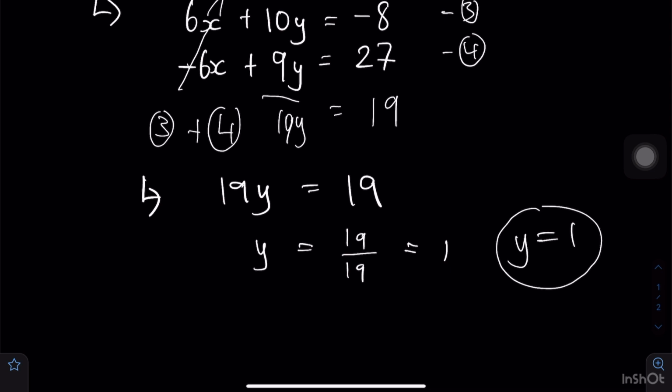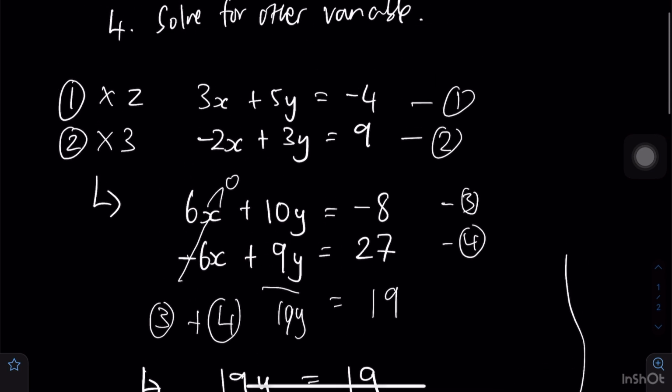So we found the first variable, and now we input this back into either equation. I'll choose equation 1.